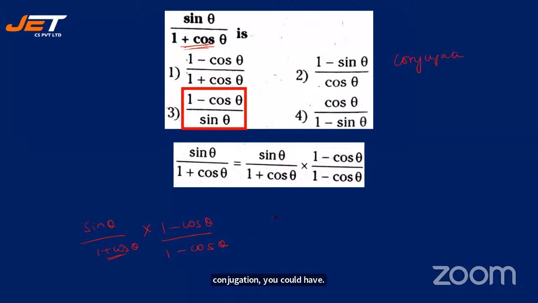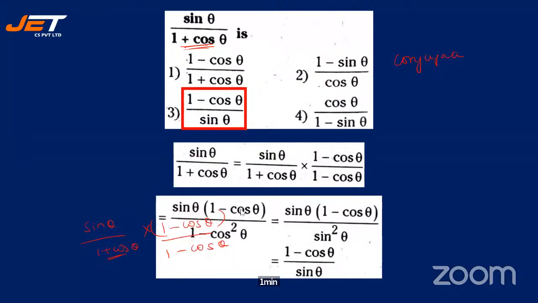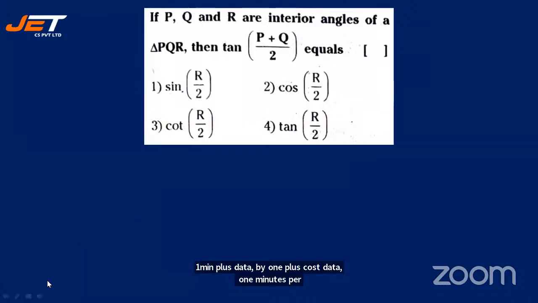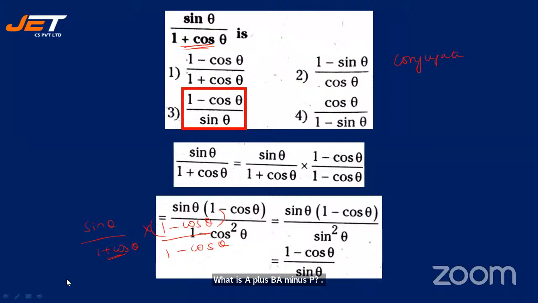So it is sin theta into 1 minus cos theta by 1 plus cos theta, 1 minus cos theta. So this is a plus b, a minus b. What is a plus b, a minus b? It is a square minus b square. That is 1 minus cos square theta. What is 1 minus cos square theta?